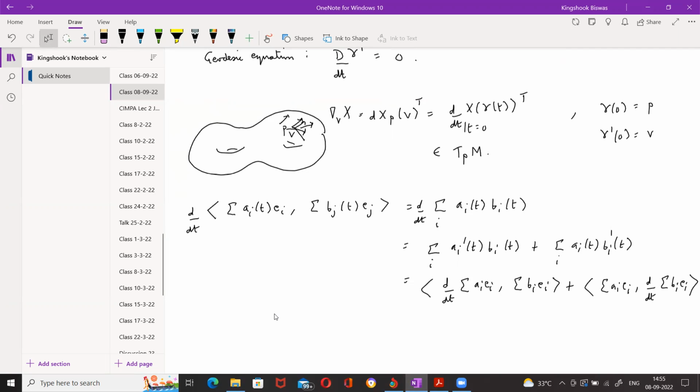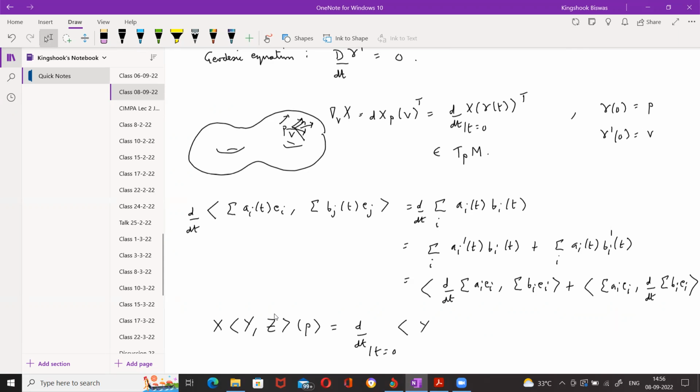Yes. So if I am taking two vector fields y and z, what is x of the inner product of y and z, applied at p? This is basically d/dt at t equal to 0 of the inner product between y and z.